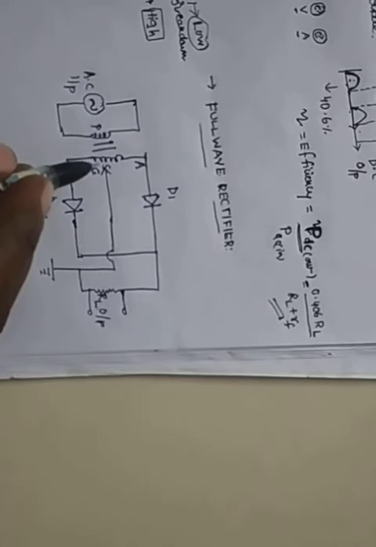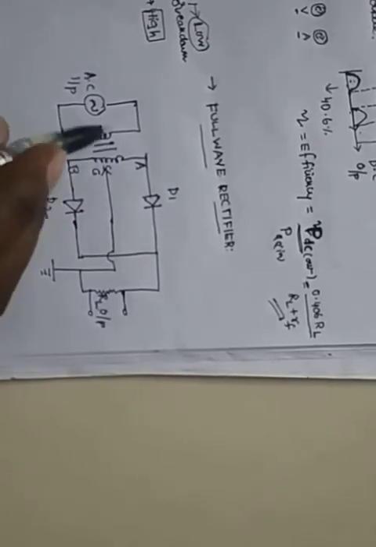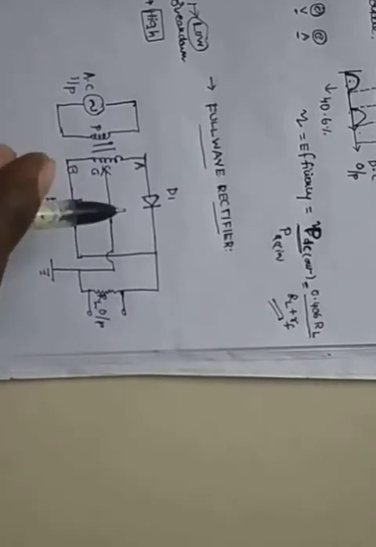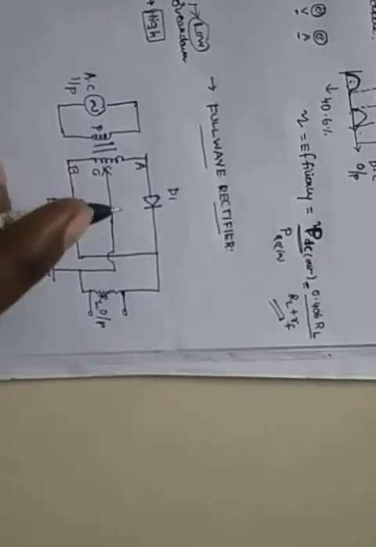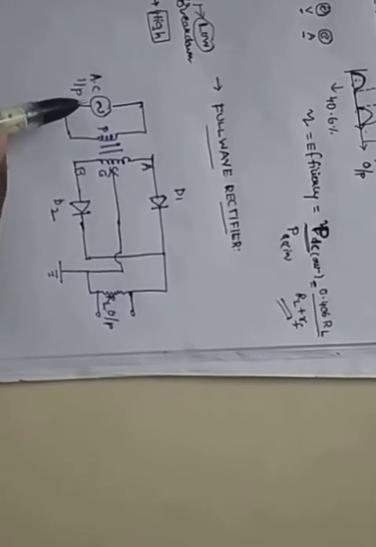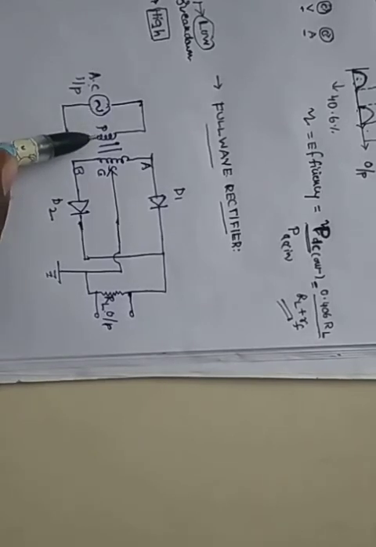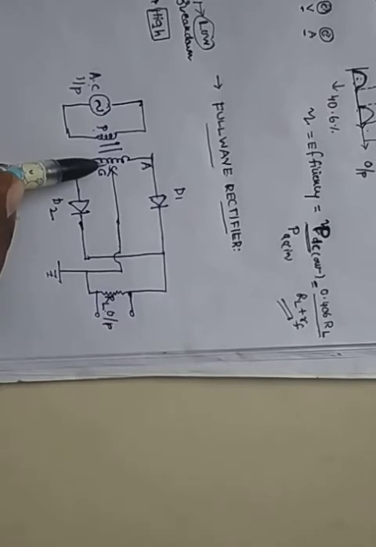So what is the purpose of this? To make A positive and B negative for the positive half cycle. Again that rotation takes place. Okay. Now see the circuit diagram. The AC input is applied to the primary coil of the transformer, and this S is called what? Secondary coil.